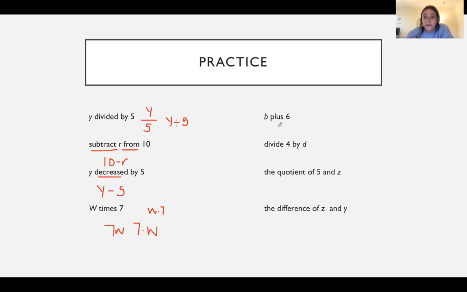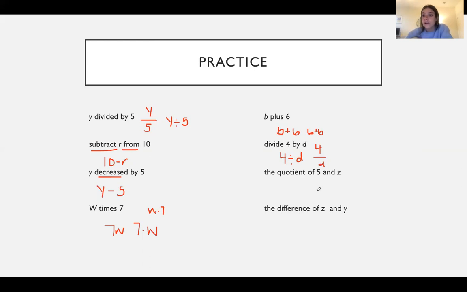Here we have b plus 6, so that's just going to be b plus 6. You could also write 6 plus b, since it's addition, the order does not matter. And then divide 4 by d. So we're dividing 4 by d, so that's 4 divided by d, or 4 over d.